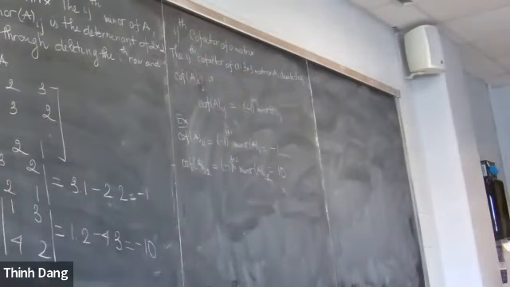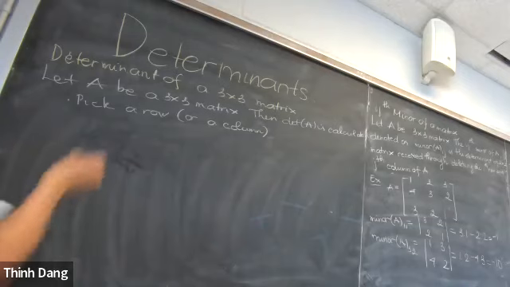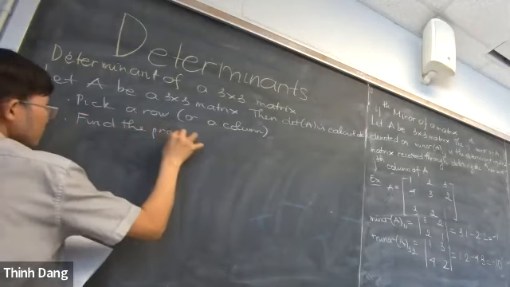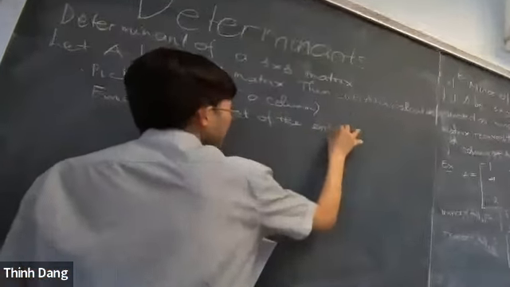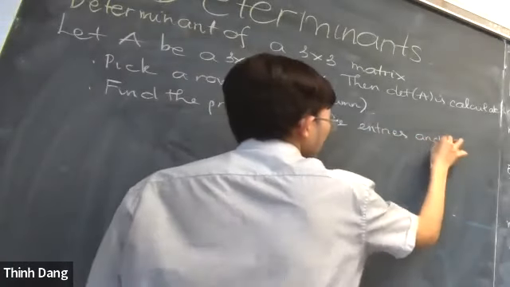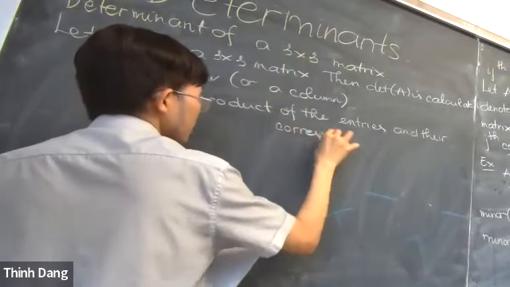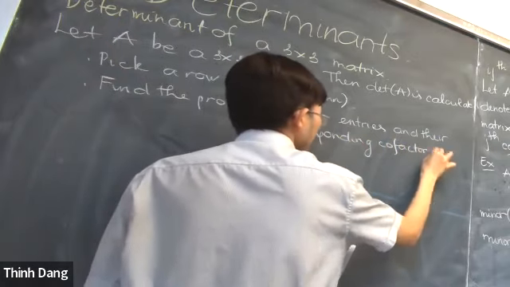Getting back to this definition: pick a row or a column, then next we're going to find the product of the entries and their corresponding cofactors.